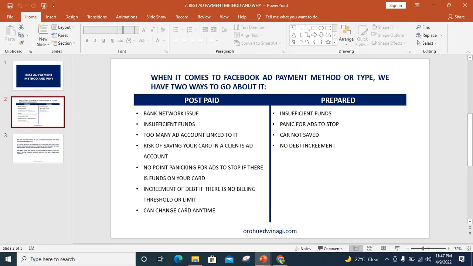What is the postpaid way of paying for Facebook ads? Okay, let's look at this. With postpaid, you normally encounter bank network issues, insufficient funds, too many ad accounts linked to it, risk of saving your card in a client's ad account, no point of panic for us to stop if there are funds on your card, increment of debt if there is no billing threshold or limit, can change card anytime.